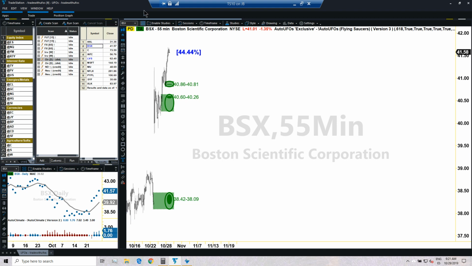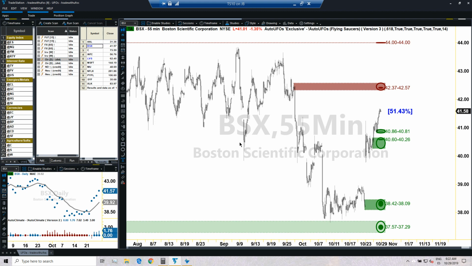We need UFOs around 40. That stock, by the way, is likely to open down by 1.3%. So this may be a good opportunity for us to purchase at a little bit of a lower price. But we need to allow for that pending data to be fully loaded. Here we go. We have it now. So 51.43%, that's what we have.